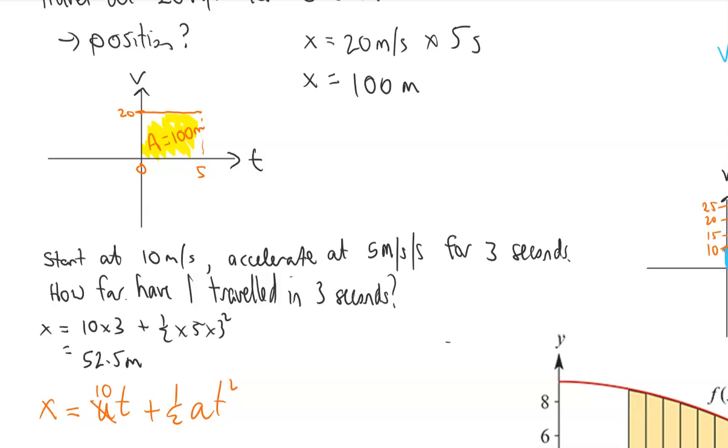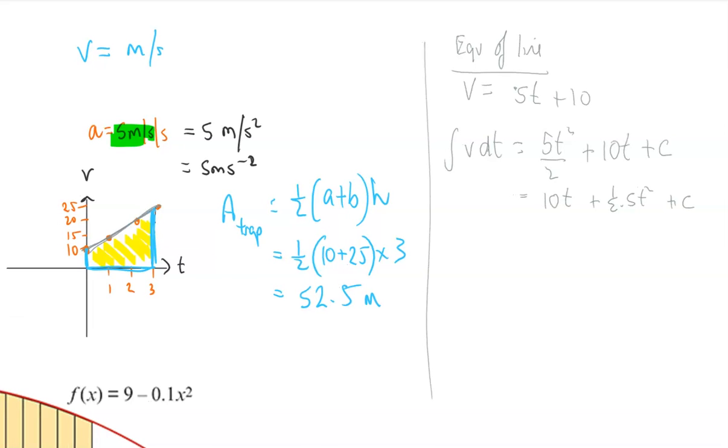So I can replace the u with a 10. What's my acceleration? It's 5. So I'm going to replace the a with a 5. So hopefully you can see that from there I've got exactly the same equation. 10t plus a half times 5t squared. So therefore I need to work out what my c value is. So this equation, by integrating velocity, I've now got an equation for position.